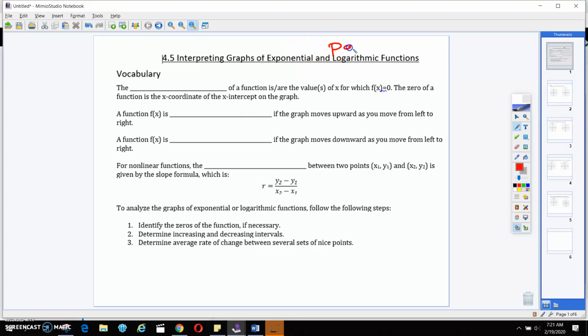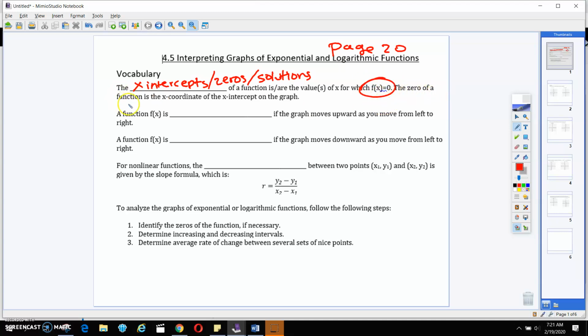20 in your packet. Okay, so we're going to go over some vocabulary. The x-intercepts, also known as zeros, also known as solutions of a function, are the values for which f of x equals 0.